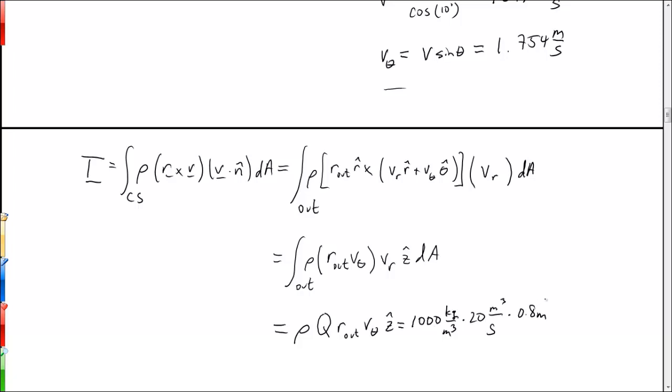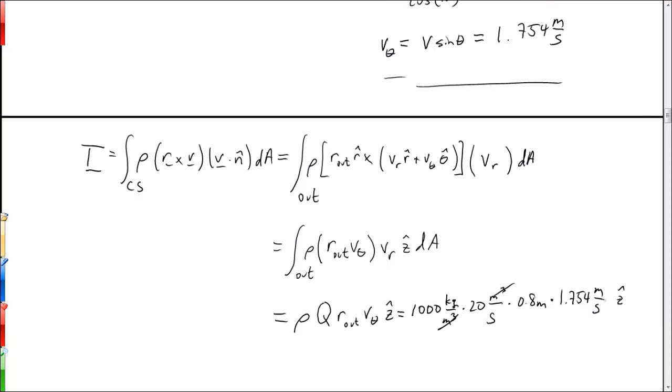And v theta we found up above to be 1.754 meters per second. I don't think we have to do any conversions here, because the meters cubed cancel, so we get kilogram meters per second squared, which is newtons, and the leftover meters, so we're going to get Newton meters out of this.